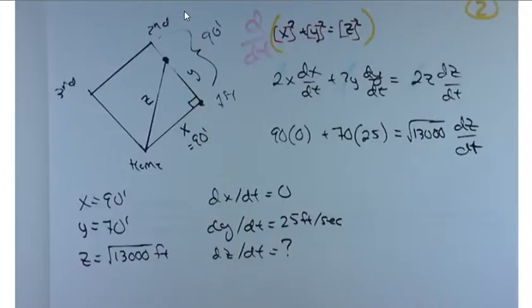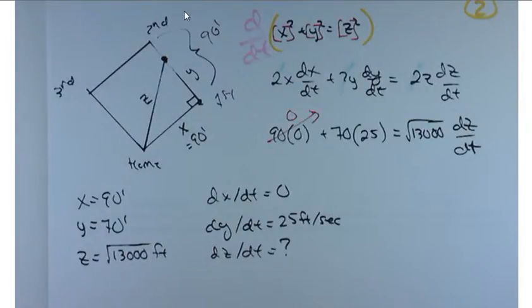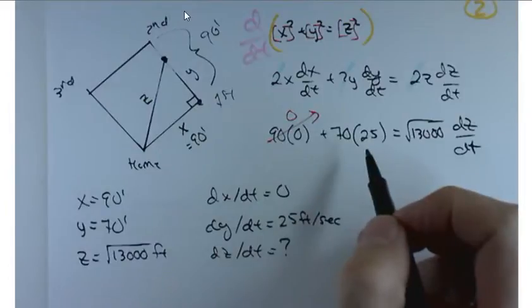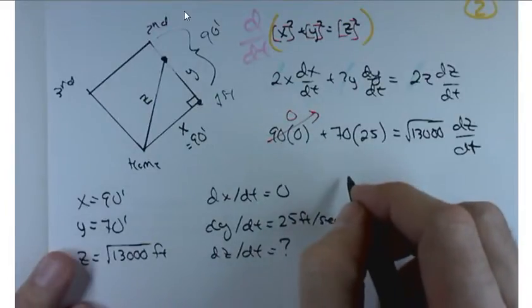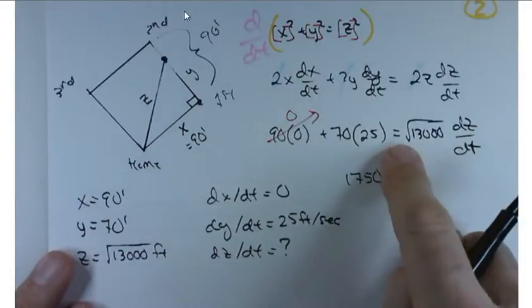All right. So very obligingly, part of that term drops out. This part right here, that's just 0. So let's think. 7 times 25 is going to be what? 1750? Divide by the square root here.